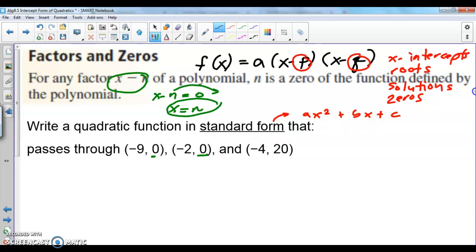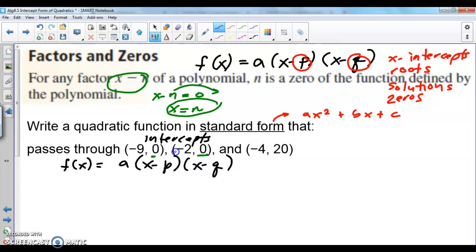So to begin with, we're going to use the intercept form because we are given two intercepts here. So these are your intercepts. And why are they called intercepts again? Because their y coordinates are 0, right? So let's begin with the intercept form. f of x is equal to a times the quantity x minus p times the quantity x minus q. So where do these p and q come from?